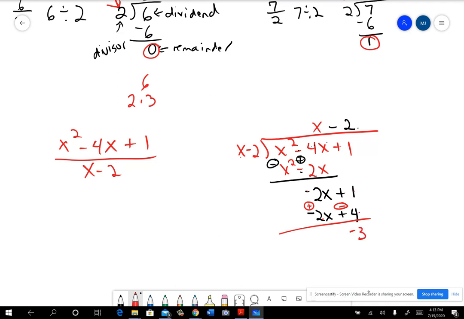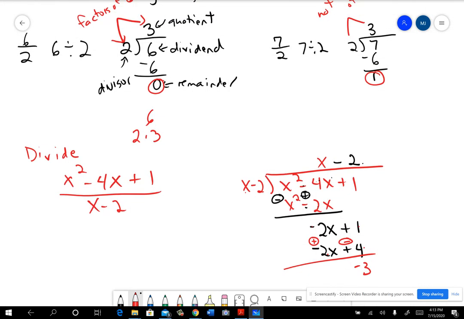When I'm doing a problem like this, if it said to divide, I kind of think of it a lot like what we did up here with these two. With this problem, the degree of the polynomial was bigger on top, so I'm getting ready to divide and see what happens. And the way I would answer this is I would say that this is equal to x minus 2 plus the remainder over the divisor.